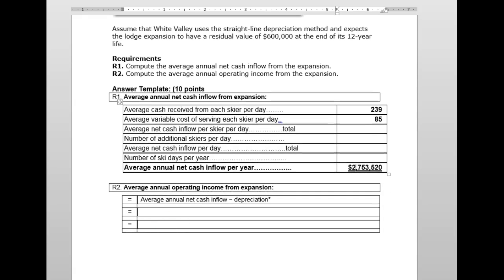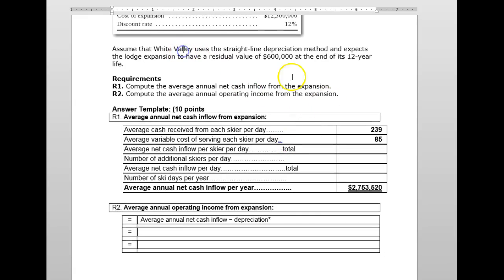And then you're going to come down here and you're going to look at average annual operating income from the expansion. So that's going to be the cash flow minus the depreciation, right? Which you're going to get up here.